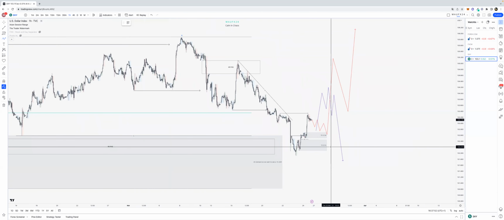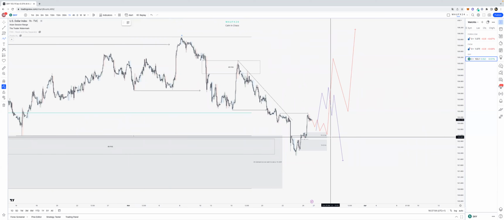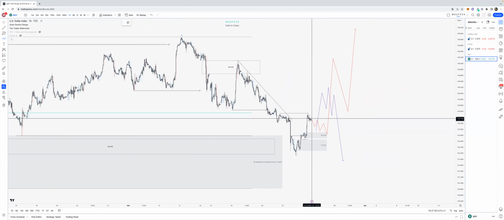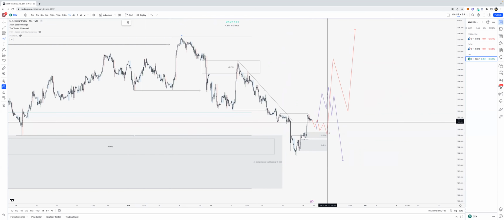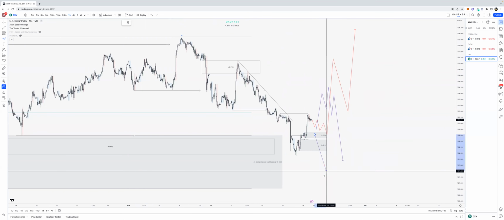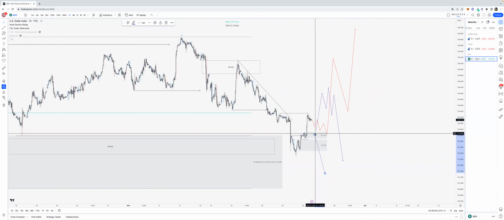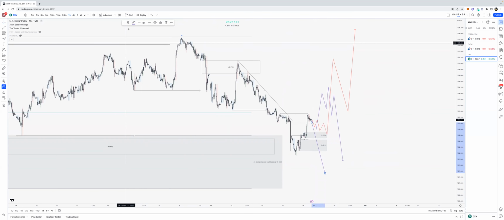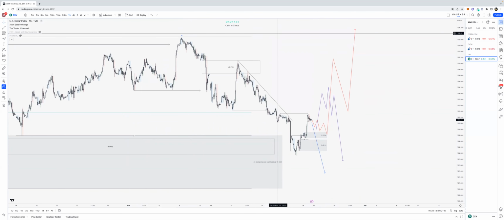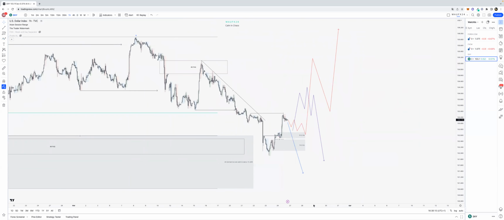And that's my bias as well, so to say. So that's what I'm aiming to trade for. So I'm gonna take trades that follow this bias. And then another option is that we just smash down instantly. So these are 3 options.